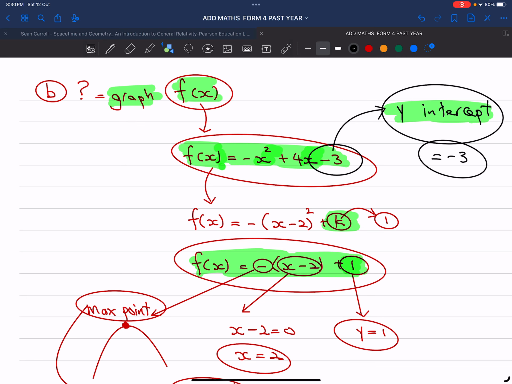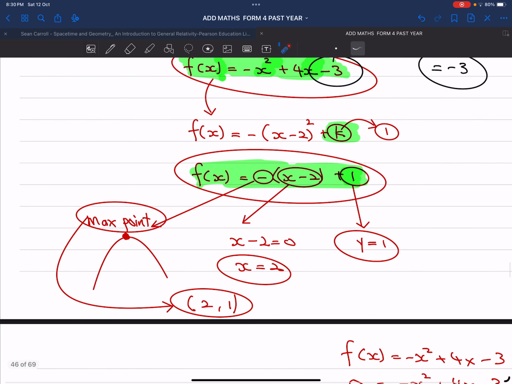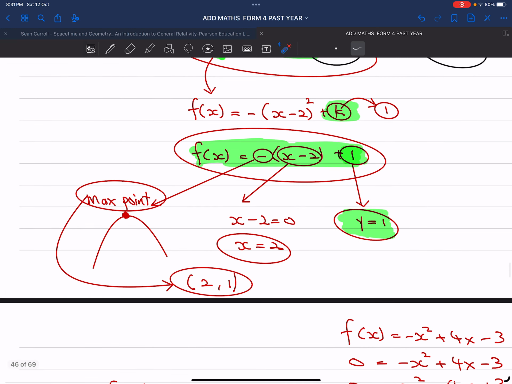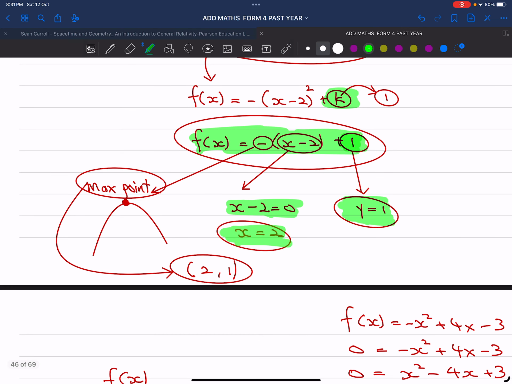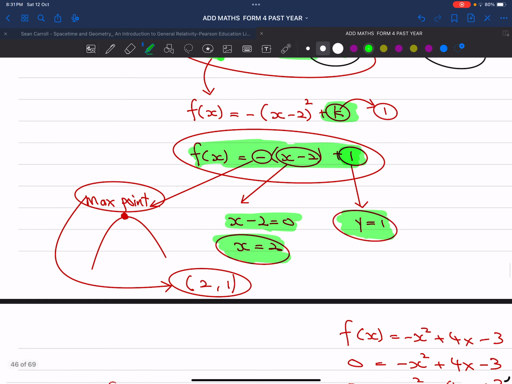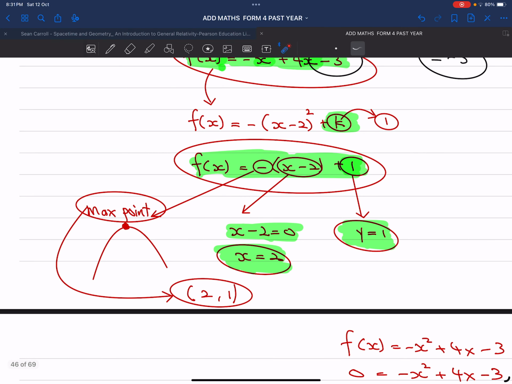Next, from the complete the square form, if you remember, I said outside the brackets is the y-coordinate. So this 1 outside the brackets means the y-coordinate is 1. And to get the x-coordinate, we go inside the brackets, x minus 2, make it 0. You transfer the negative 2, we get the x-coordinate equals 2. So now we have the coordinate, x-coordinate 2, y-coordinate 1.